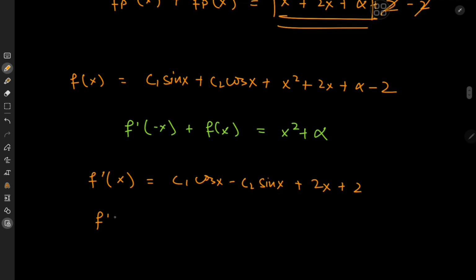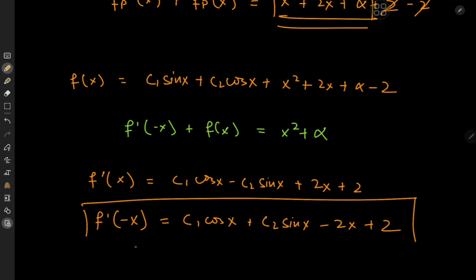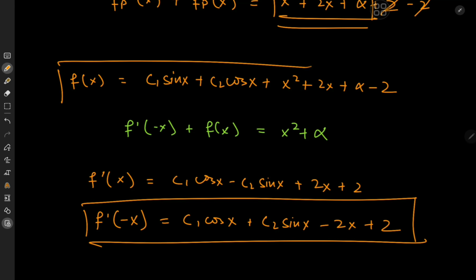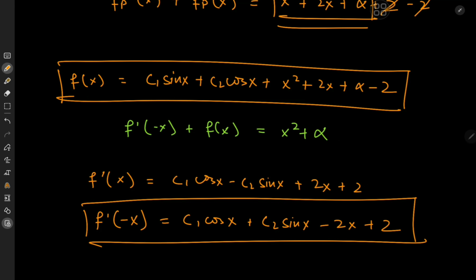And we needed f prime at -x, so that means we have cosine -x. Now, cosine is an even function, so we have cosine x, and the sine function is an odd function, so that means we have c2 times sine x minus 2x plus 2. Okay, cool. So this is f prime at -x, and this here is the function f of x, and we need to add them up.